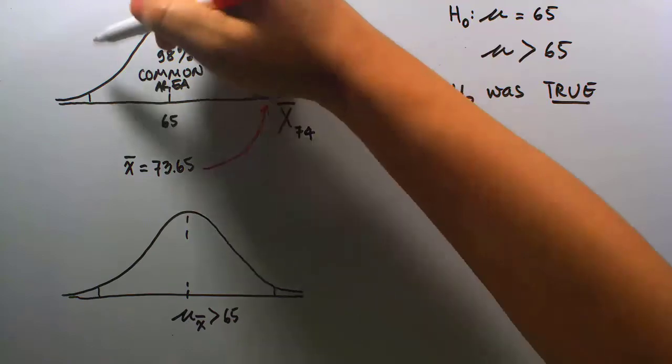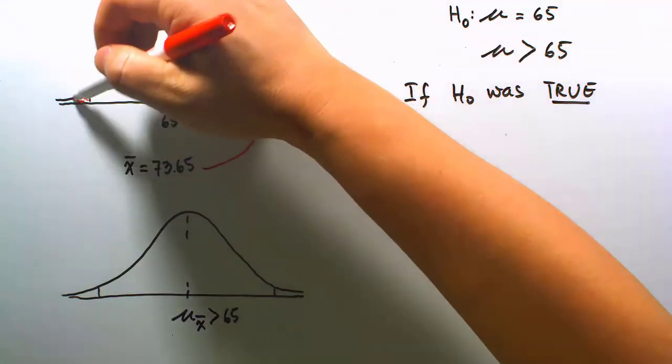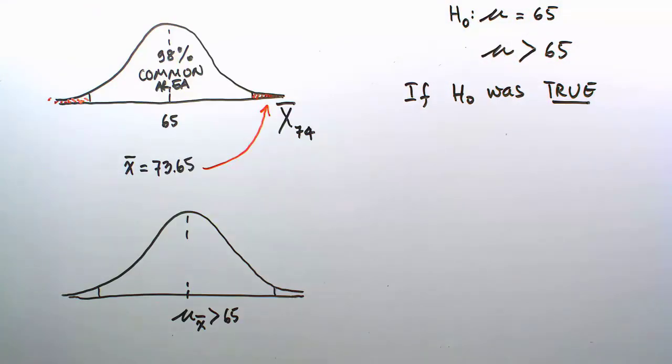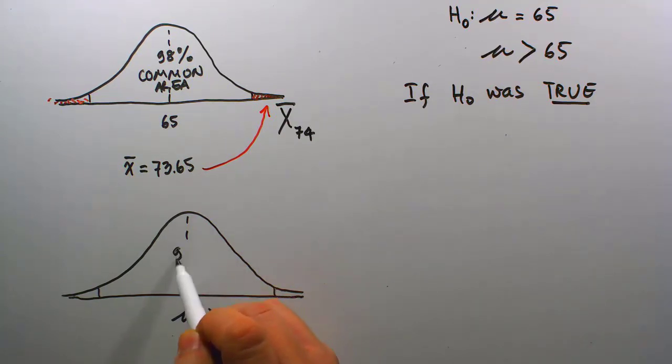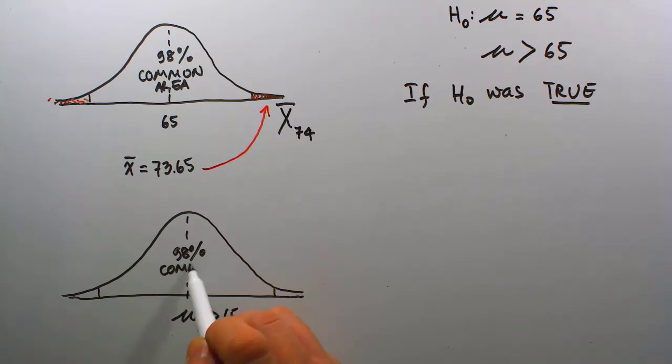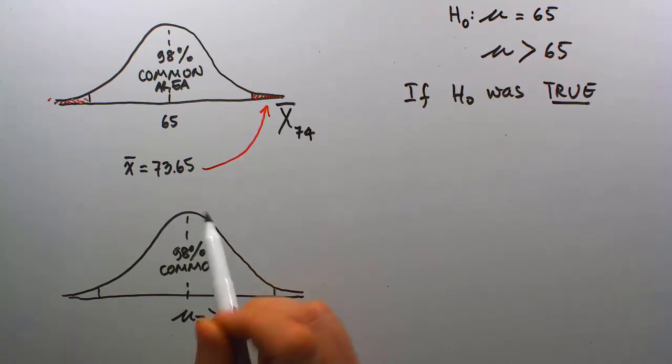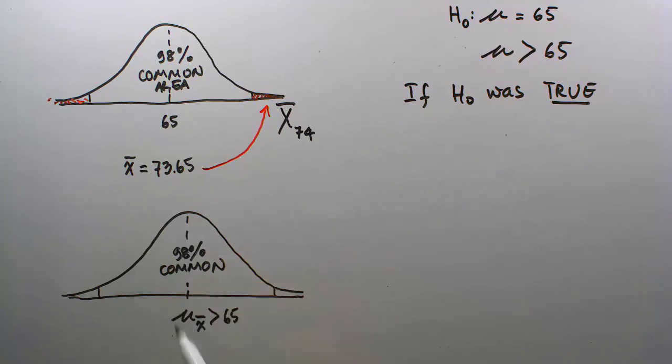And I should have also shaded this left tail area, even though we didn't really use that in our problem. But what I try to emphasize again is that even if we bring our claim to a value higher than 65, then the 98% common area would still be there, because any bell curve has a common area right around the center.